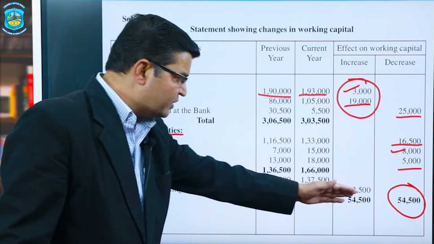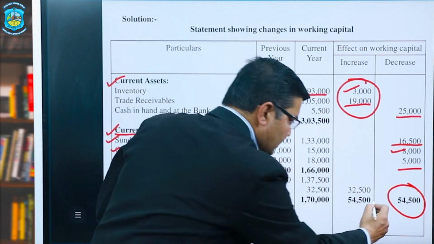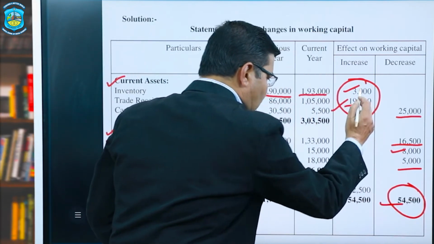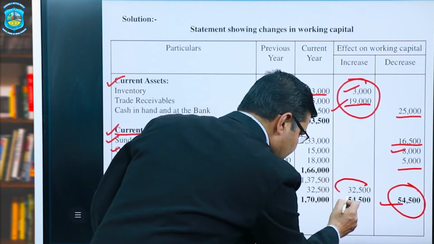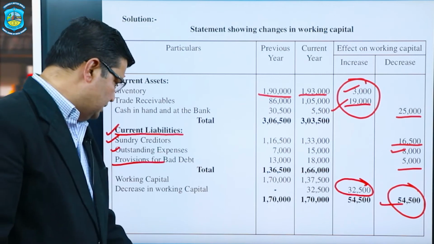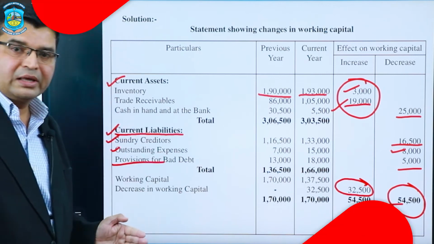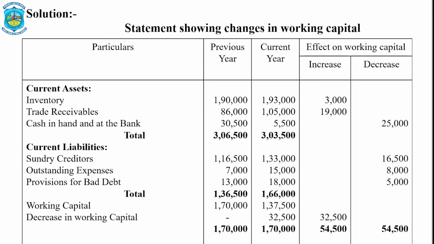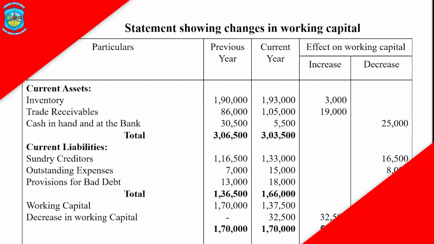If we take the difference, 54,500 minus 22,000, there is a balancing figure of rupees 32,500. That is a decrease in working capital. We see here that during the year a total of 32,500 has been the decrease in our working capital. So this is the result of preparing this statement showing changes in working capital.